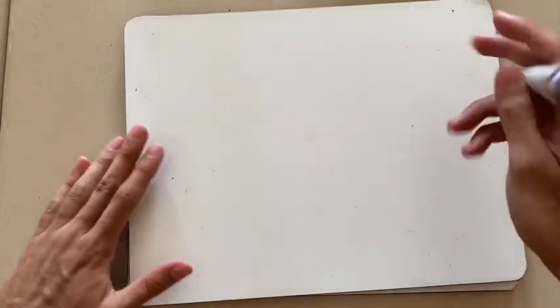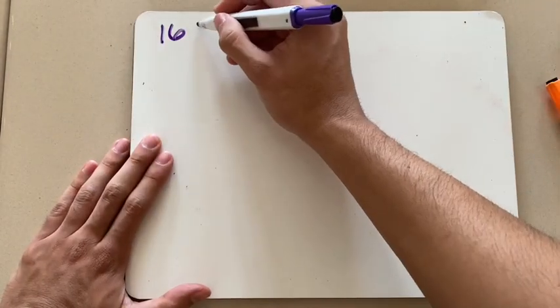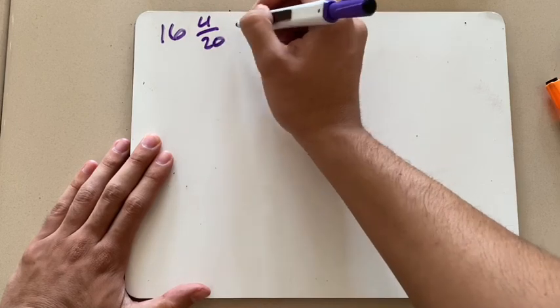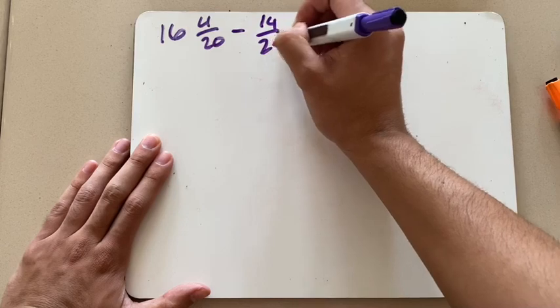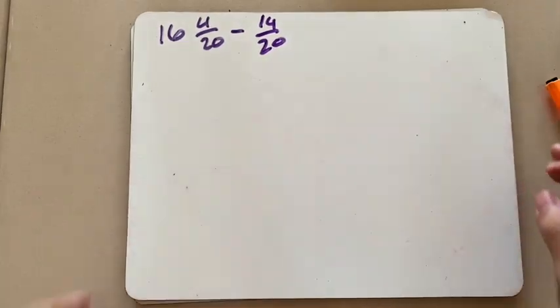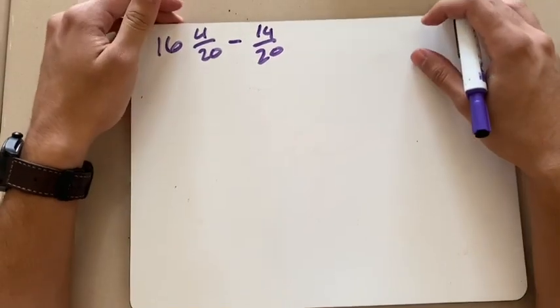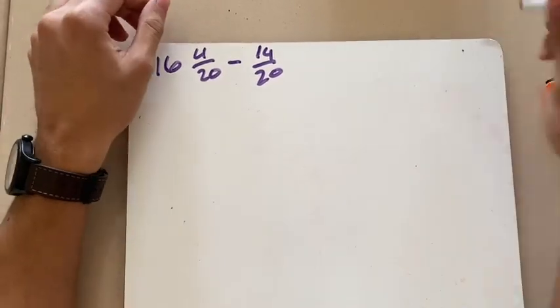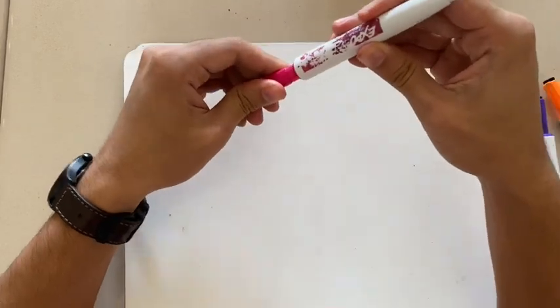So let's say that I had 16 and 4/20 minus 14/20, 14 over 20. Now, again, let's make sure that we have our same denominators. Do we have same denominators?